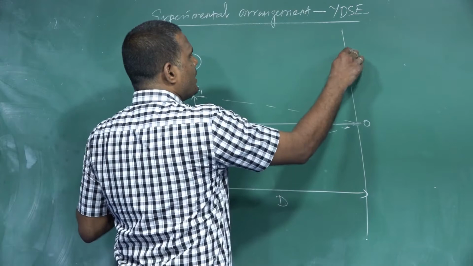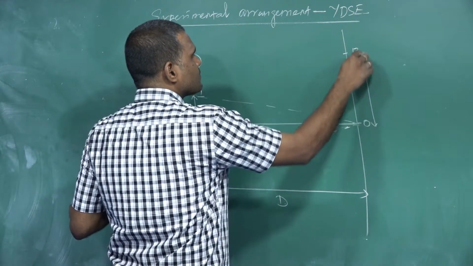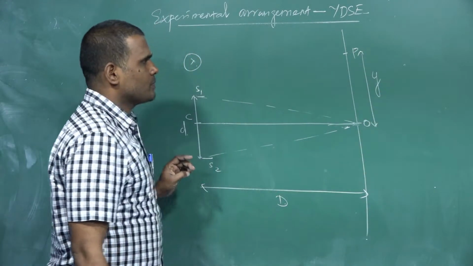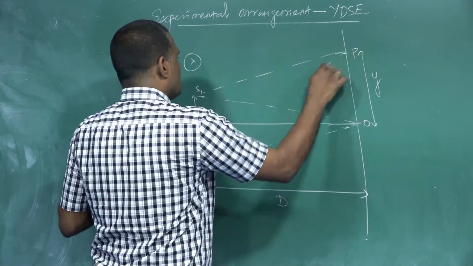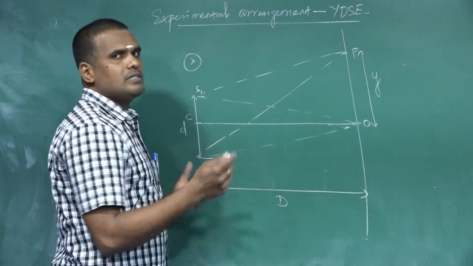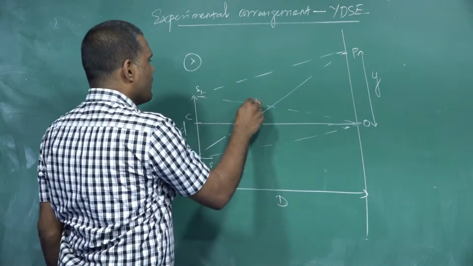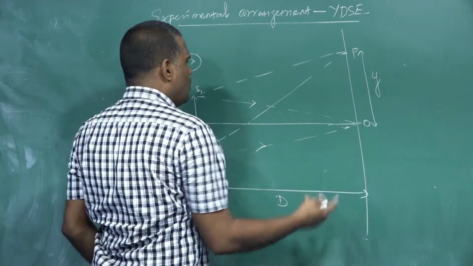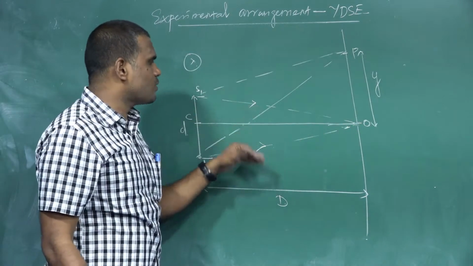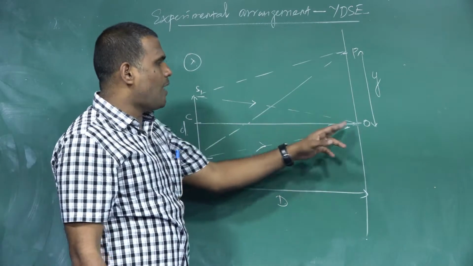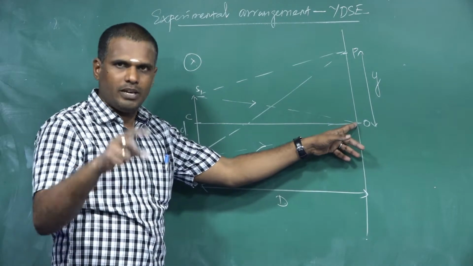Now, assume a point P somewhere on the screen, at a distance, let us say Y, from O. The waves arriving at the point P may either be in phase or out of phase, depending upon the path difference between the two waves meeting at the point P. At the point O, the slits S1 and S2 are equidistant from O, so the waves spreading to the right overlap and form a bright fringe, because the waves arriving at O are in phase with each other.